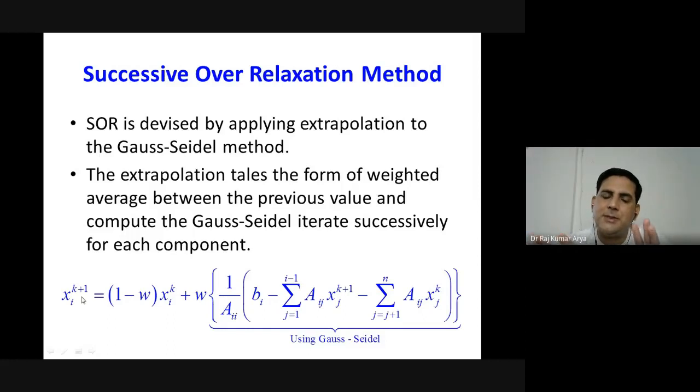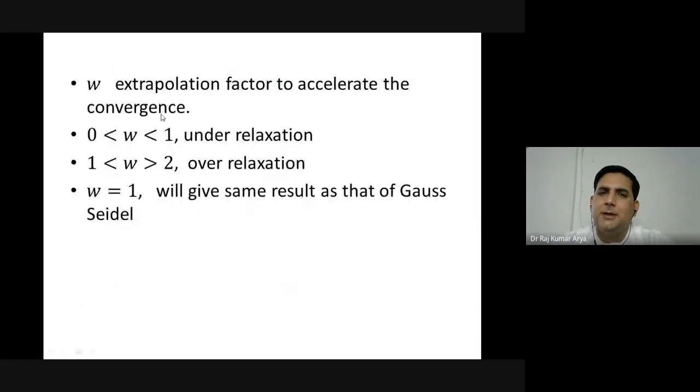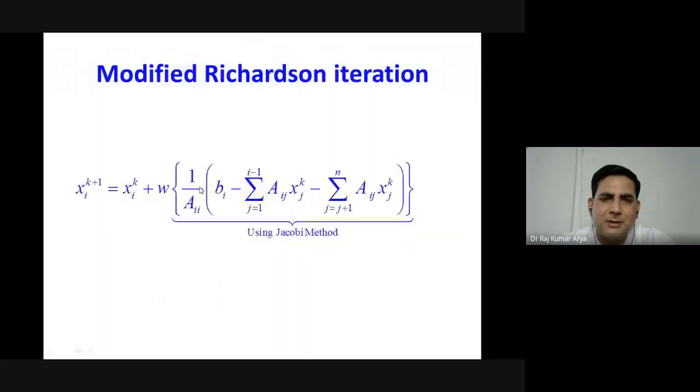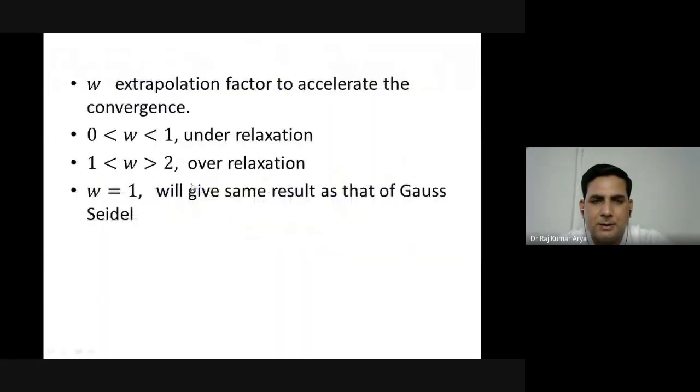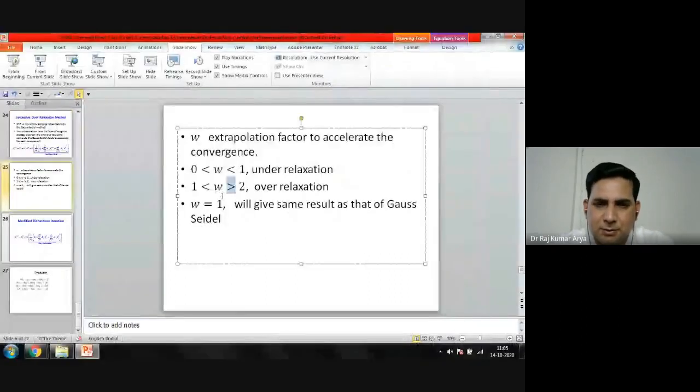So you just put a weight function there. Now this weight has some range here. This is just to accelerate the convergence. If you put this weight from 0 to 1, it is called under-relaxation. If you put a value from 1 to 2, it is called over-relaxation. So there is a slight change here.